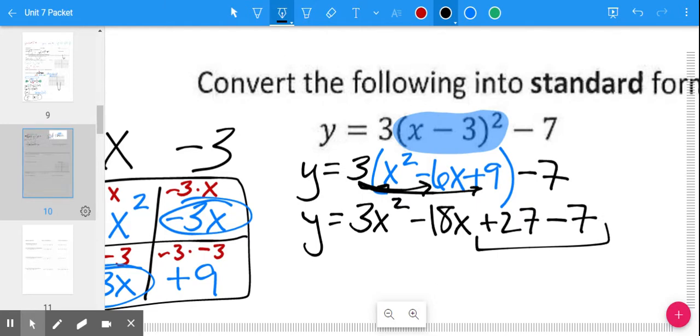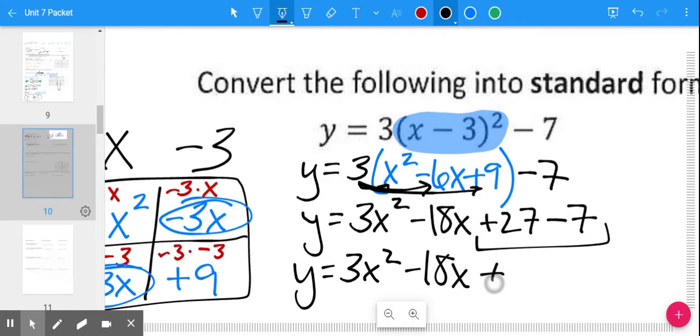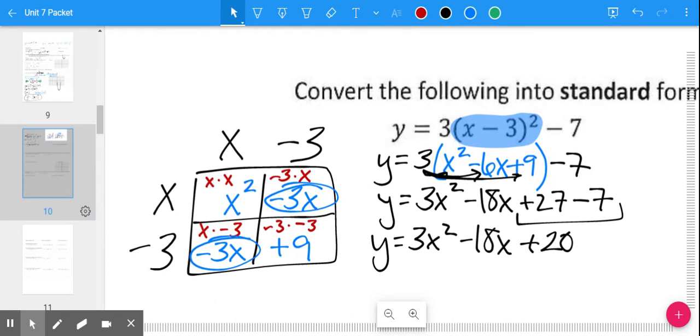So now you combine like terms, which are those two on the end, and we're left with 3x squared minus 18x plus 20. And that's your equation in standard form. So don't forget, once you've done your area model to multiply those two binomials, there are parts of that equation that you have to take care of afterwards.